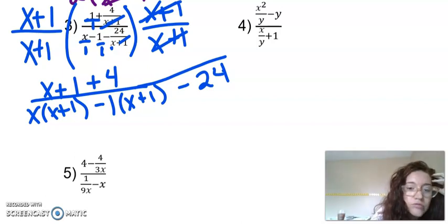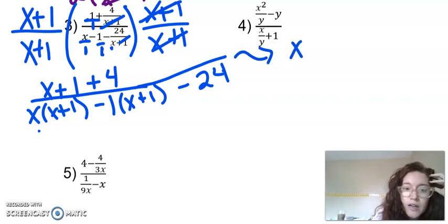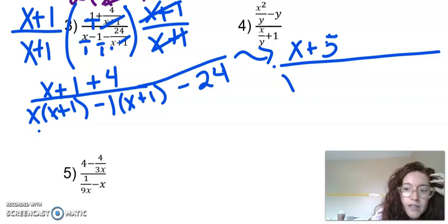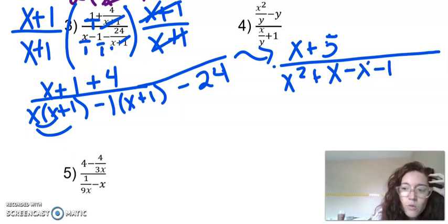So I have x plus 5 in the numerator. Denominator, x squared plus x, that's this right there, minus x minus 1, minus 24.